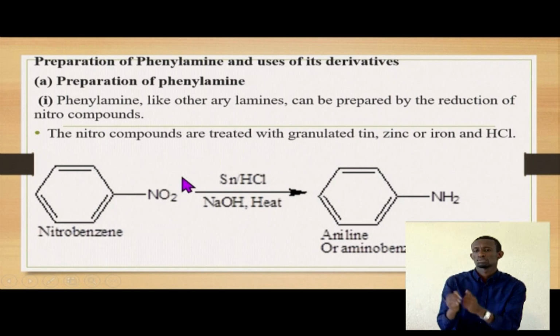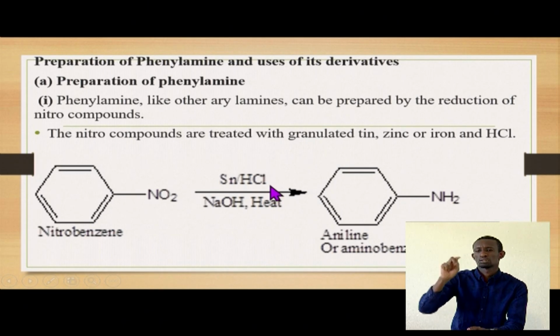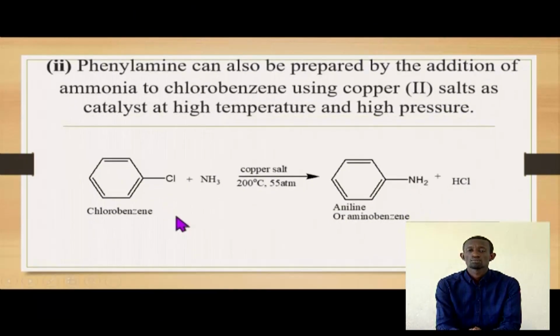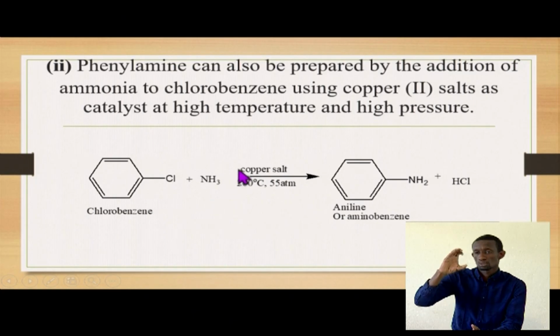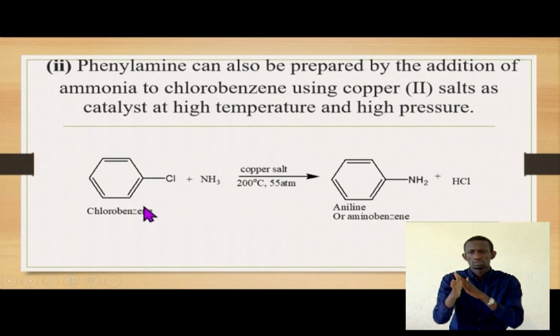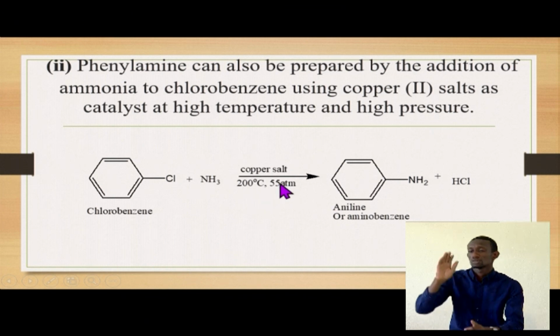These are the conditions. The nitro group changes into the amine group. So that is one of the methods. This is a reduction method, with amines being prepared from nitro groups. Another method that we can look at is chlorobenzene or bromobenzene, or the halogens attached directly on the benzene ring, when they are reacted with ammonia in presence of a copper salt.